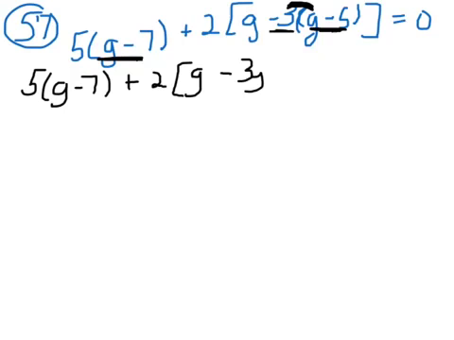Just as a reminder, I'm thinking of this g minus as g plus a -3 times all that stuff, okay? So if you need to make that adjustment mentally, I'm thinking g plus -3 times g minus 5. -3 times g is -3g. -3 times a -5 would be a positive 15. Okay, all that's equal to 0.